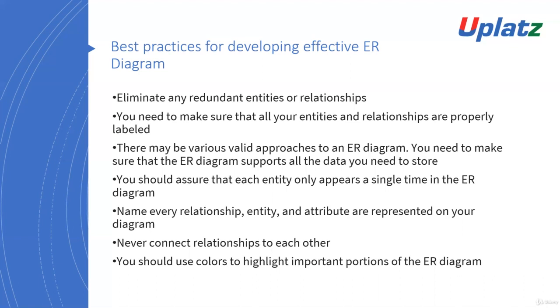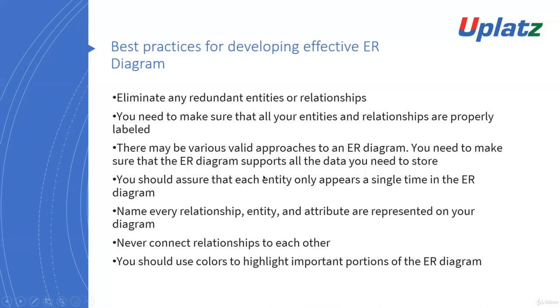There may be various valid approaches to an ER diagram. You need to make sure that the ER diagram supports all the data you need to store. So basically your ER diagram is a dummy database, wherein you need to check that whatever data you desire to store is being stored in the same format you had thought of, and that no attribute is missed. You should ensure that each entity appears only a single time in the ER diagram.